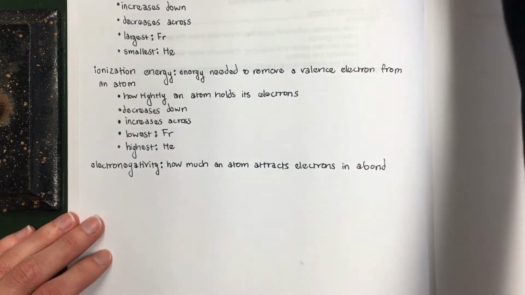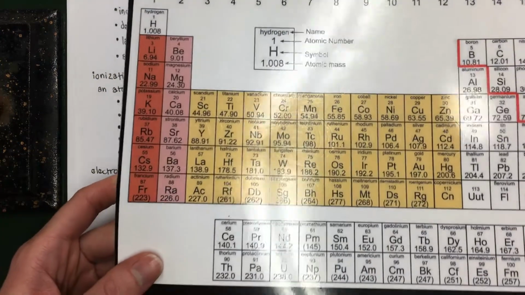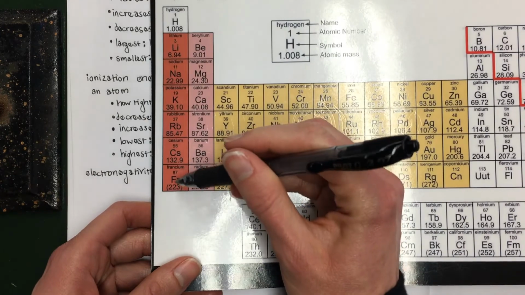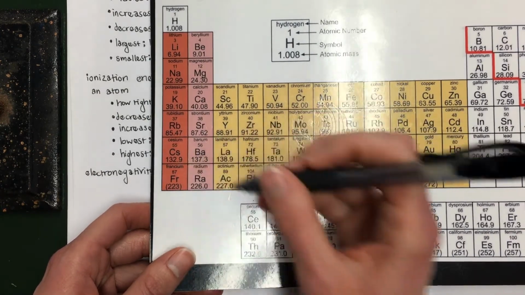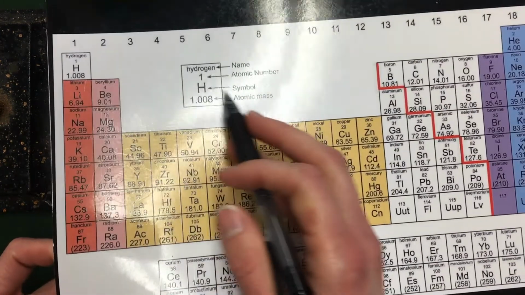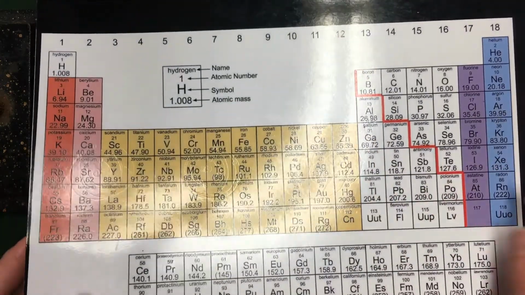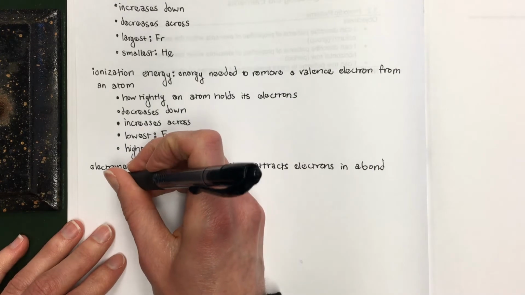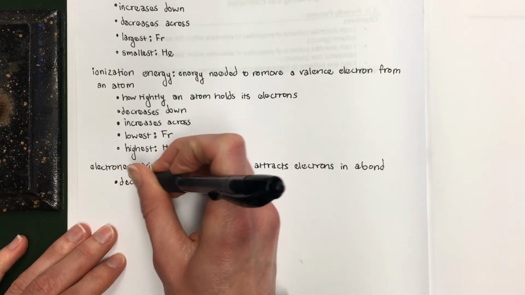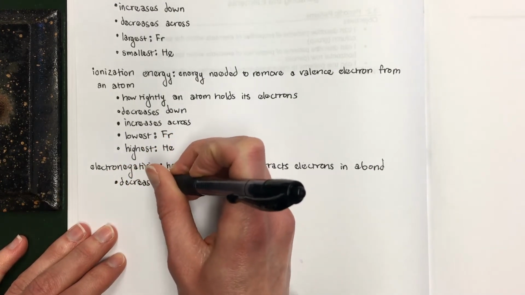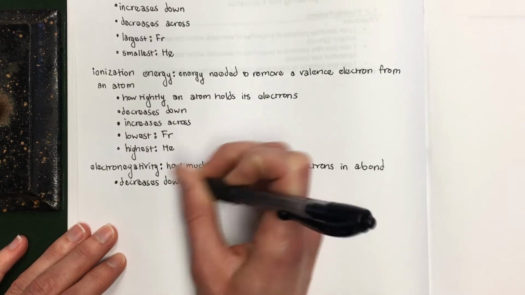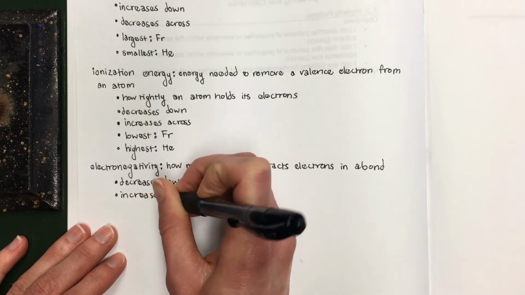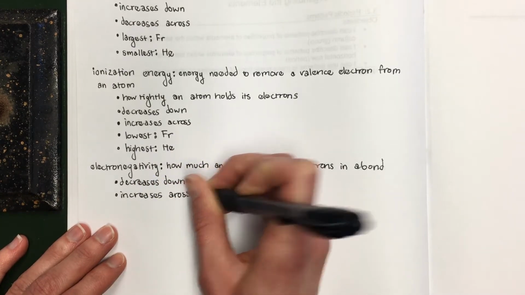So electronegativity has a similar trend to ionization energy. As we go down, they have so many electrons they don't really want any more, they don't attract any more. But as we go across, we're getting more protons, and that pulls in more electrons. So electronegativity, just like ionization energy, is going to decrease as we go down the table and increase as we go across. But there is one weird thing with electronegativity.